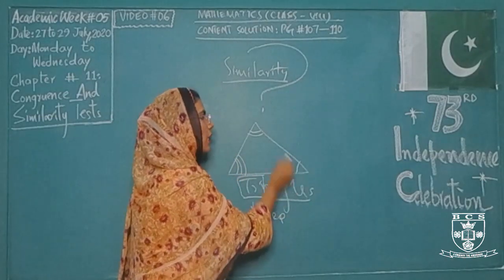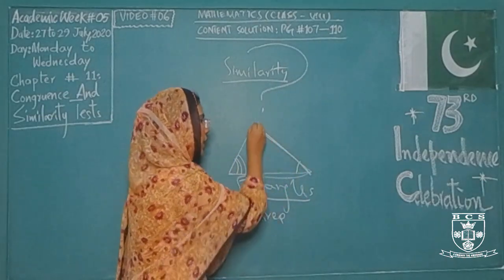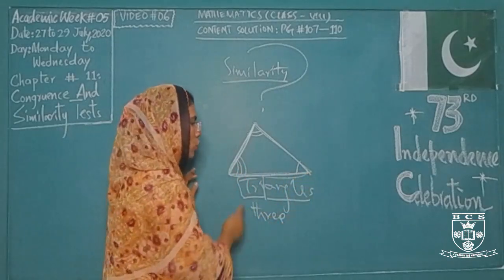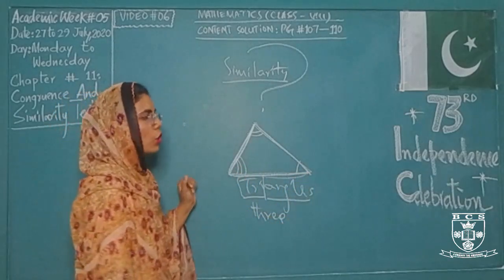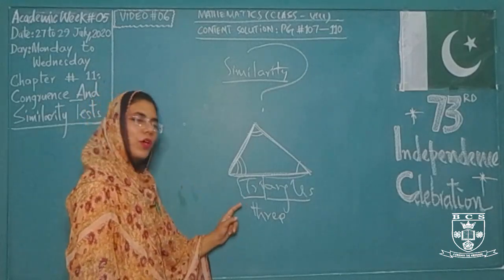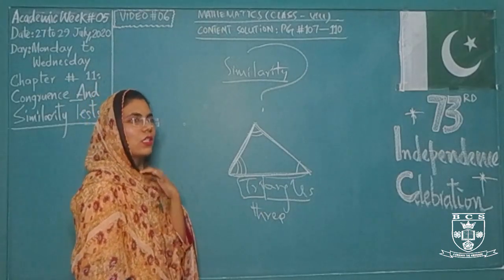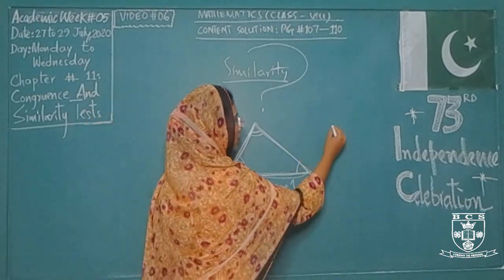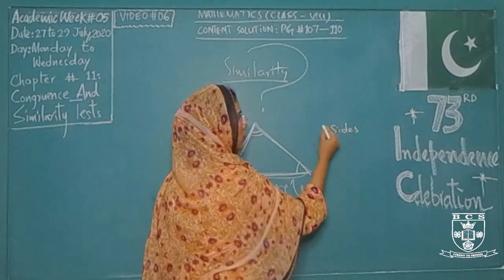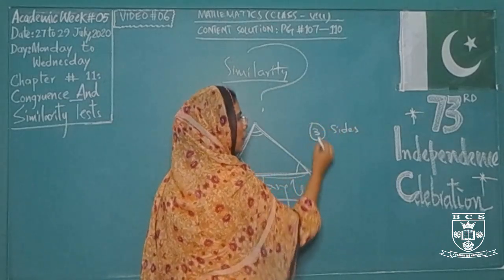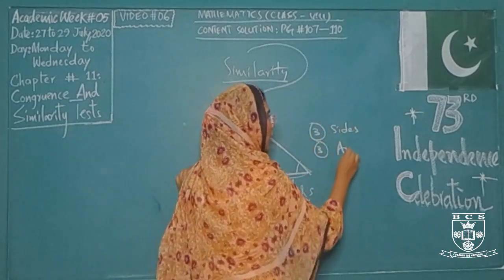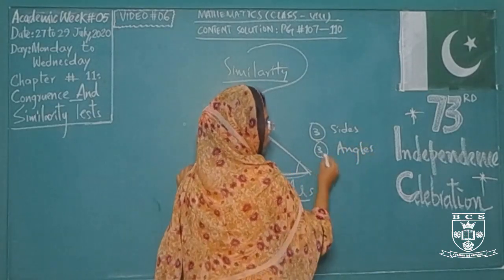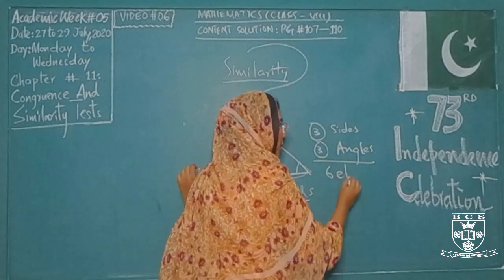For making this angle, we need 2 different lines, and for this angle, we also need 2 different lines, and for this one angle, we also need 2 different lines. So for the construction of these 3 different angles, we also need the 3 different lines. These 3 different lines of a particular triangle are known as the sides of the triangle. So basically there are 3 different sides and 3 different angles in any particular triangle. So these are total 6 elements.